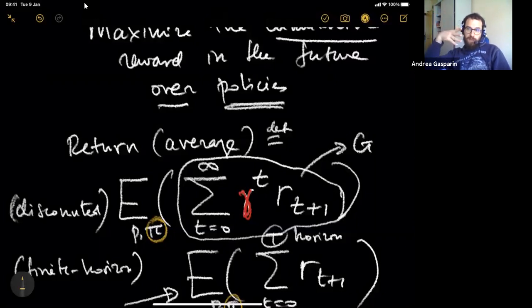But in the literature, I never found anyone explicitly saying that gamma can be equal to 1, which again would make sense in this case, because if we're playing a game, the reward is we're winning or losing, and we just care about the eventual reward.